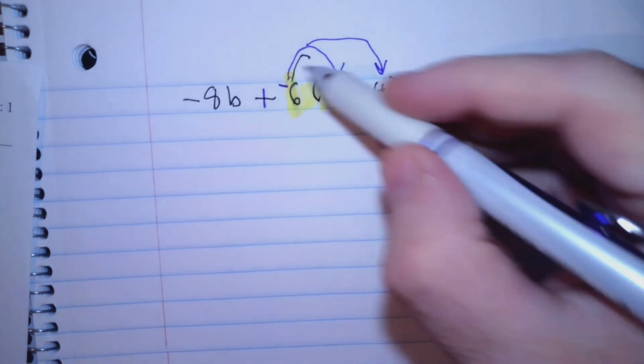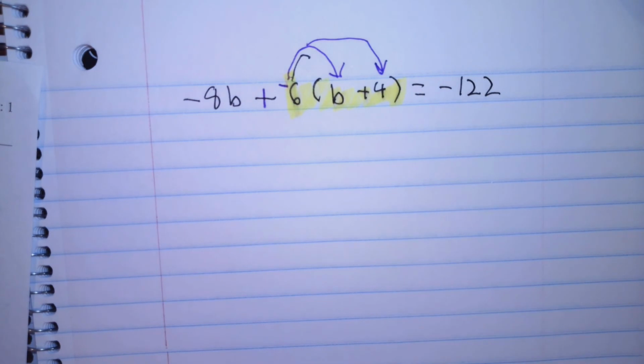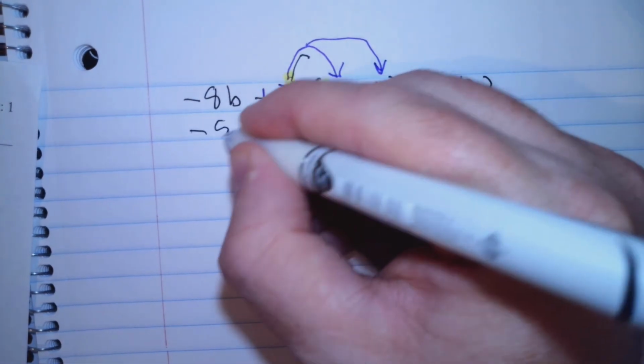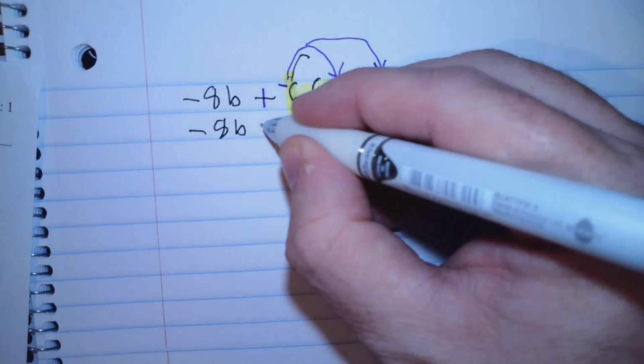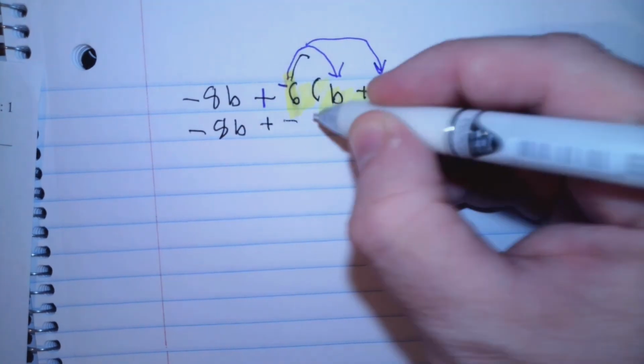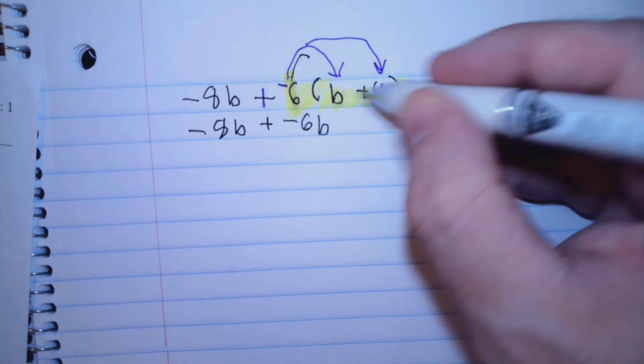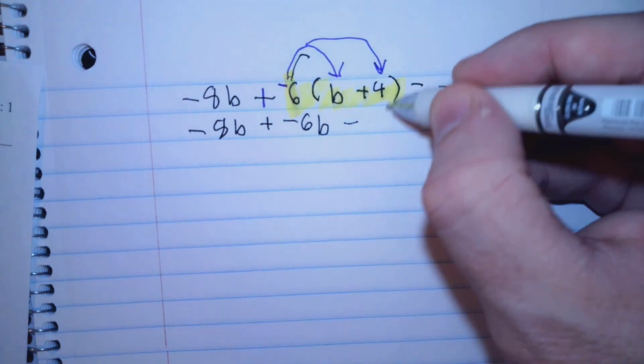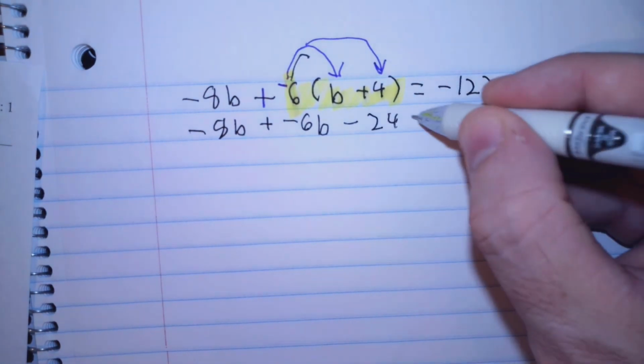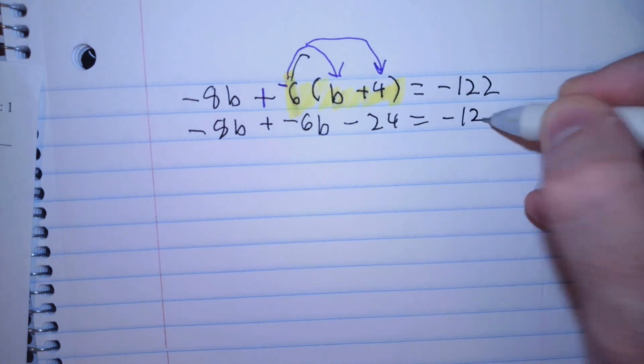There we go. So we will go ahead and do that real quick. Minus 8b plus a negative 6b, and that would be a negative 24 equals negative 122.